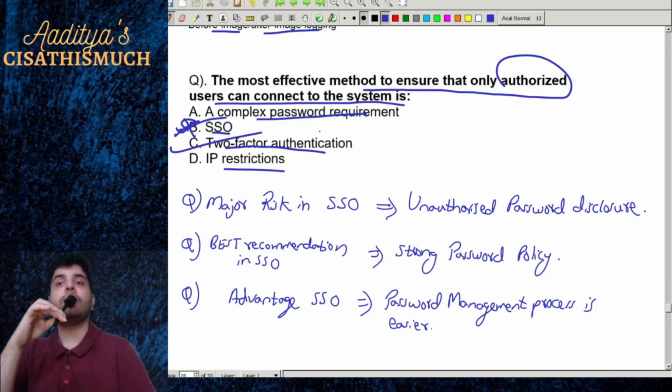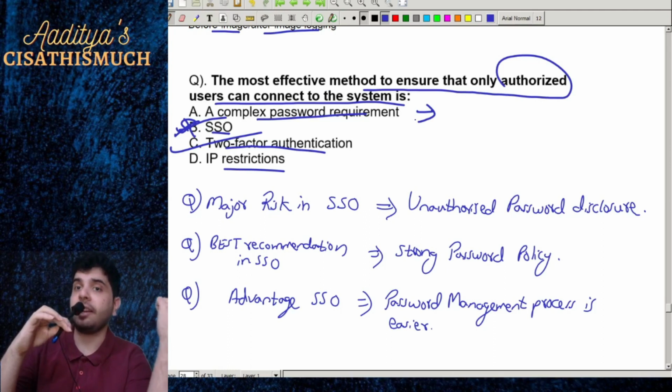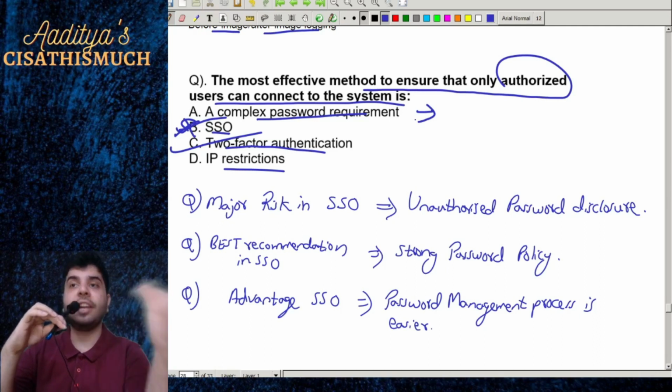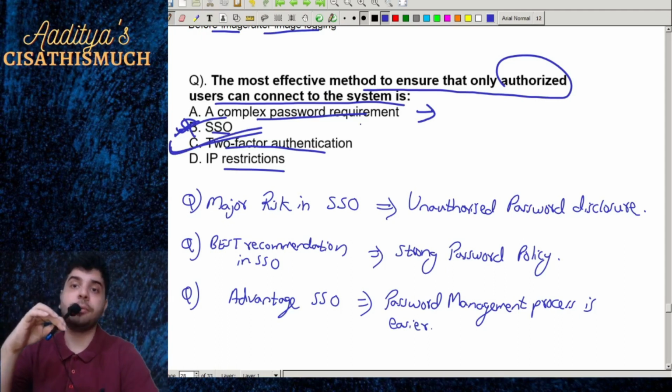Because a complex password requirement is single factor. SSO, again single factor, a single login ID and password. Two-factor authentication is much more effective than one-factor authentication.